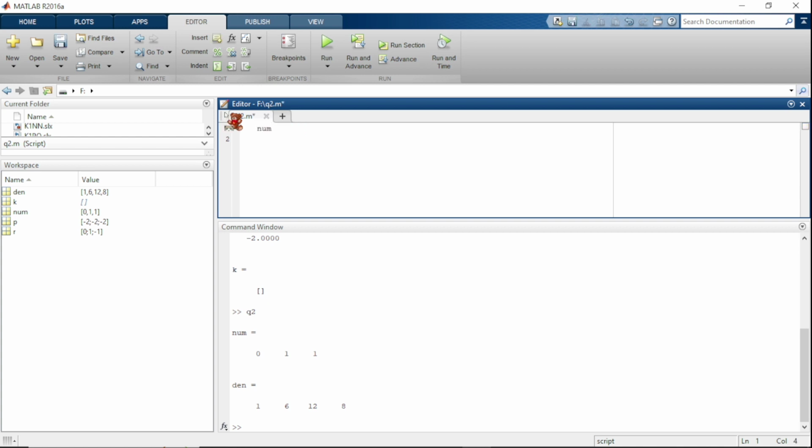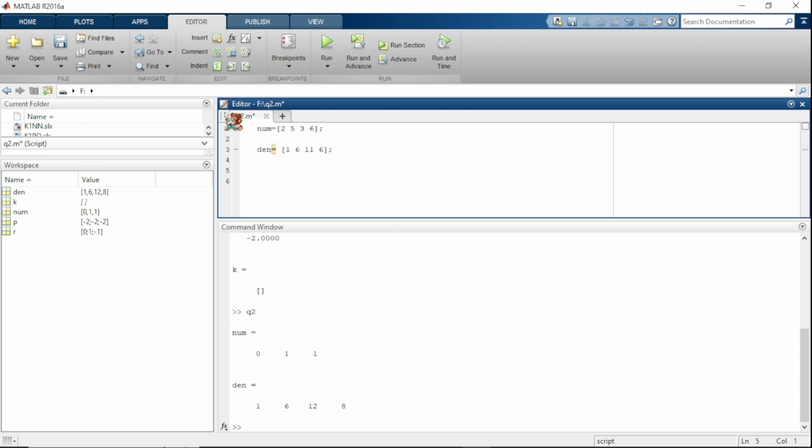So just write the num. So the numerator coefficients are 2, then 5, then 3, then 6, then the denominator coefficients are 1, 6, 11, 6.